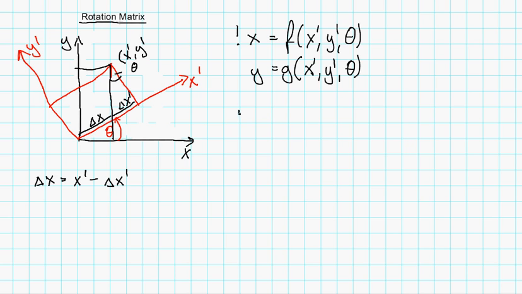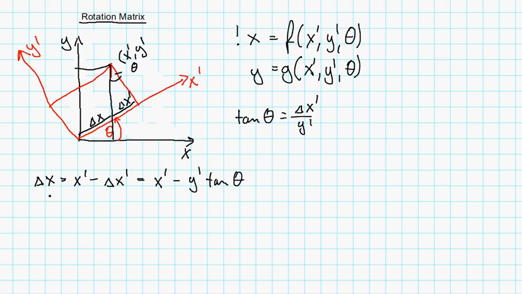Therefore, we can write the tangent of theta is this one, delta x prime, divided by this length, and this length is y prime. So we can write delta x as x prime minus, and delta x prime is then y prime times the tangent of theta.